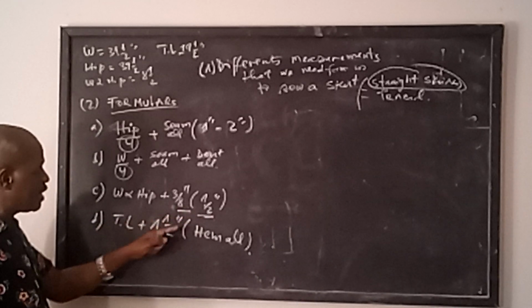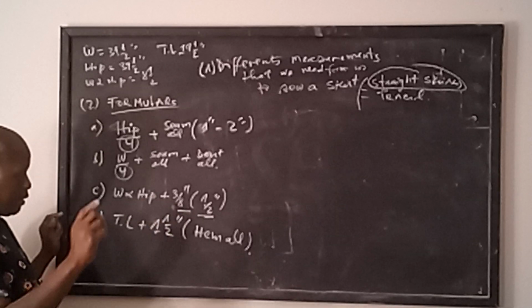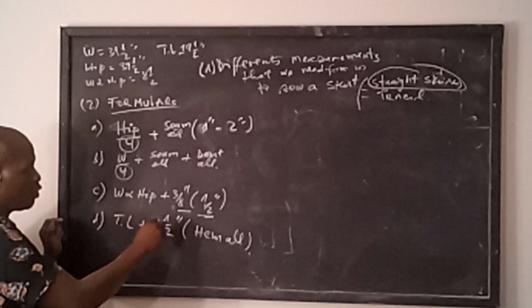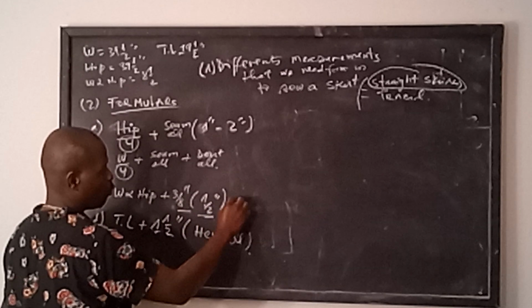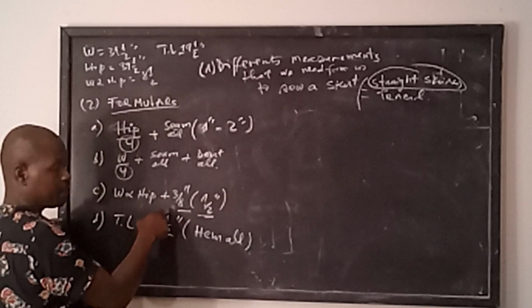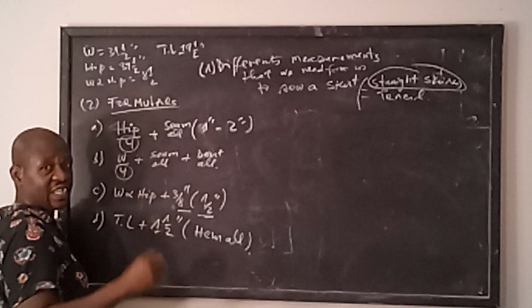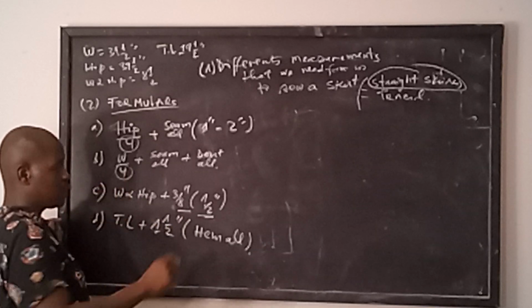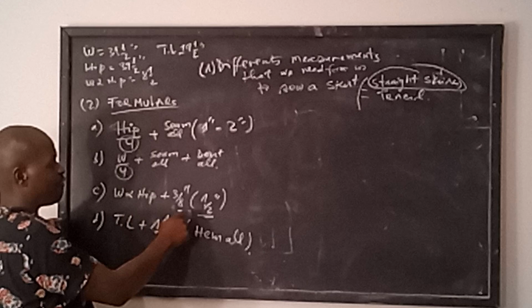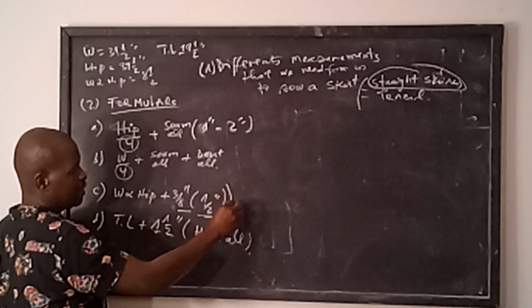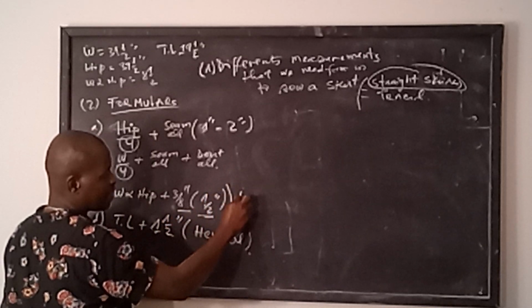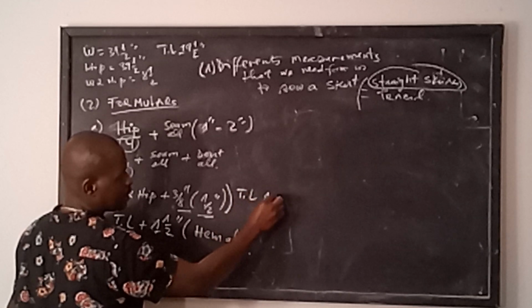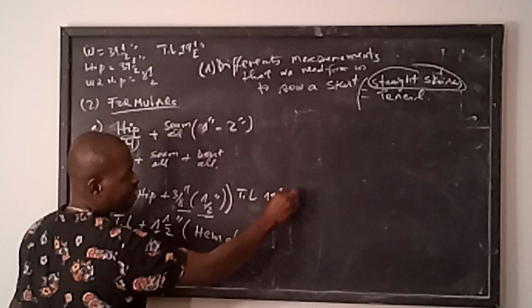As I said, this one in color is the allowance. This allowance will help us to sew the waistband. When you want to sew your waistband to the body of the skirt, you need allowance on the waist. If you do not put this allowance, the total length is 19 and a half.